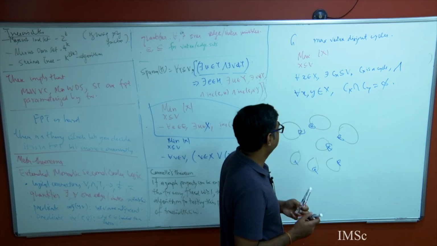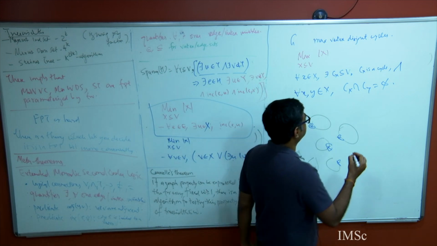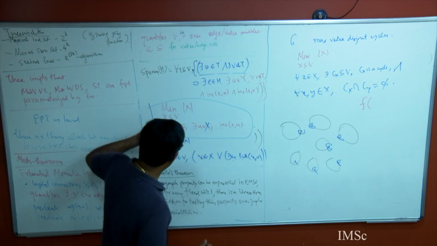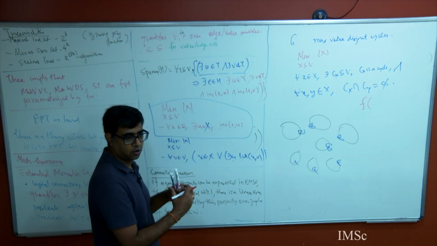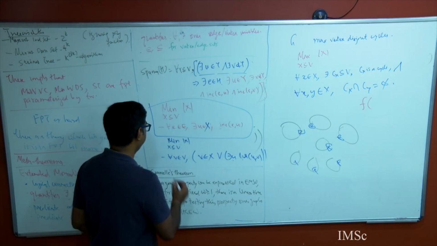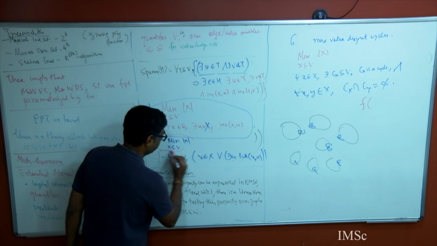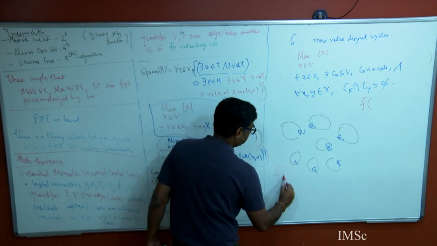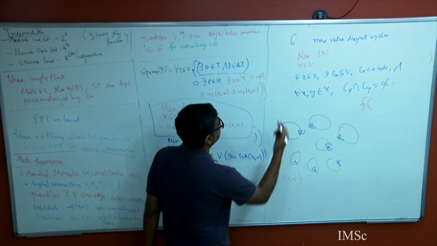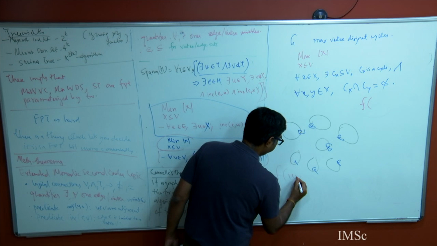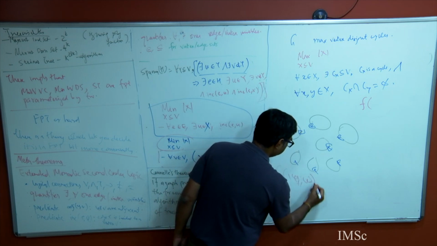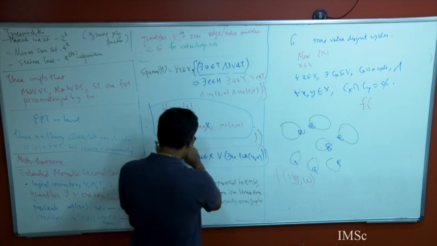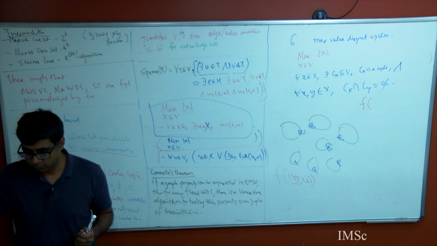This implies that even these min, max, all these kinds of optimization versions of the problem, if this predicate is constant size, you can still solve the problem in f of w time, or even in f of phi comma w time, great, right? Because the length of this formula is constant.